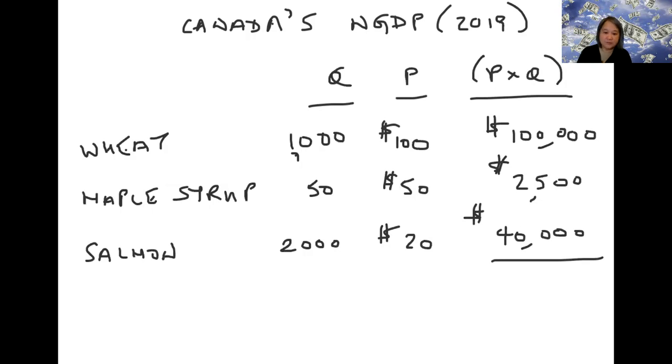And now the last thing we need to do is that summation part. The summation part just basically means that we add them all up. So that means Canada's nominal GDP, so that is current output valued at current dollars, is equal to 142,500. So that is how we calculate nominal or current dollar GDP.